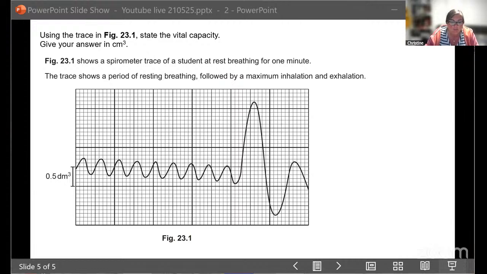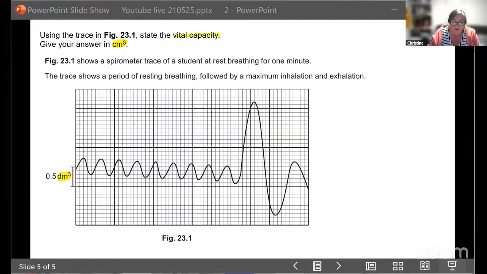So this next one, using the trace, state the vital capacity, and this is where you've got to be very clever. They've asked for the answer in centimeters cubed, but they've given you the scale in decimeters cubed.